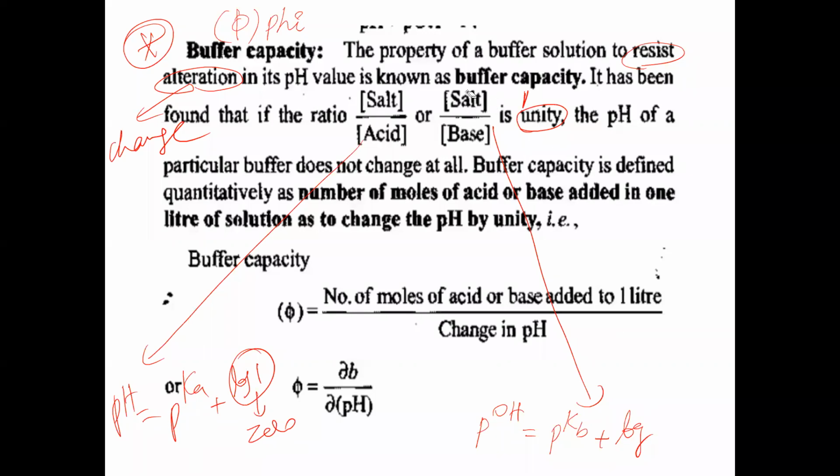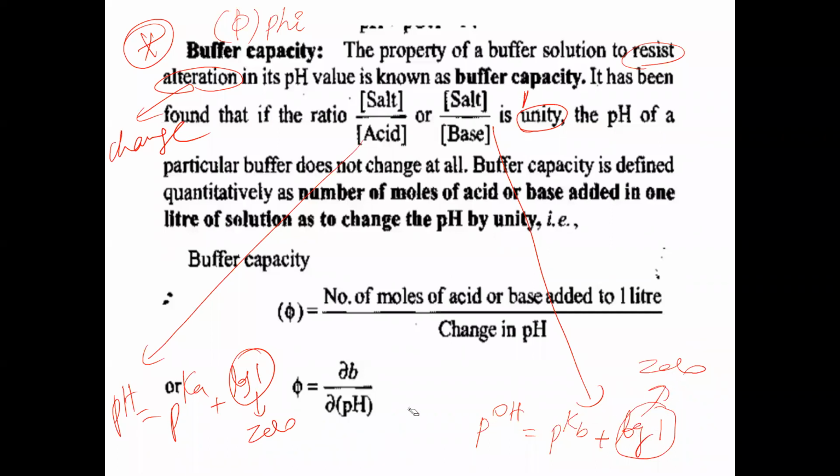If salt concentration is equal to base concentration in the weak base, meaning the basic buffer, then salt by base will be 1 and log 1 is equal to how much? 0. Therefore, pOH is equal to pKb. pOH of basic buffer becomes equal to pKb if salt concentration and base concentration are both the same. That means if this ratio is equal to 1, then log 1 becomes 0.